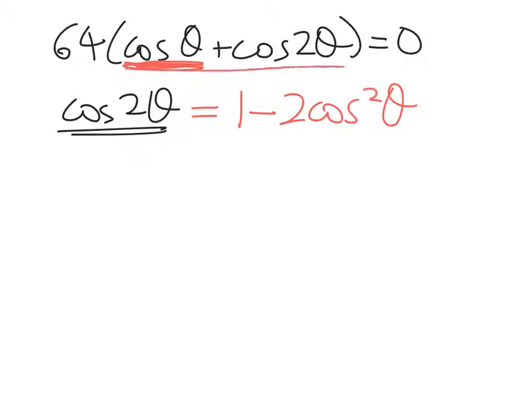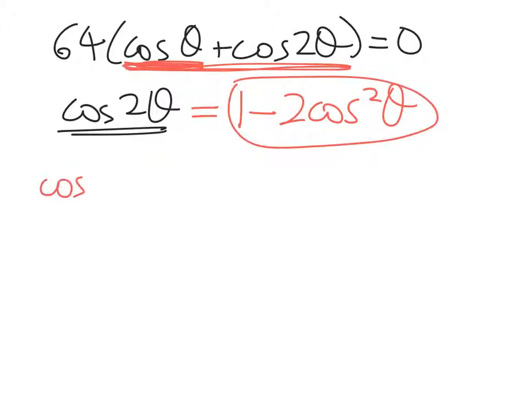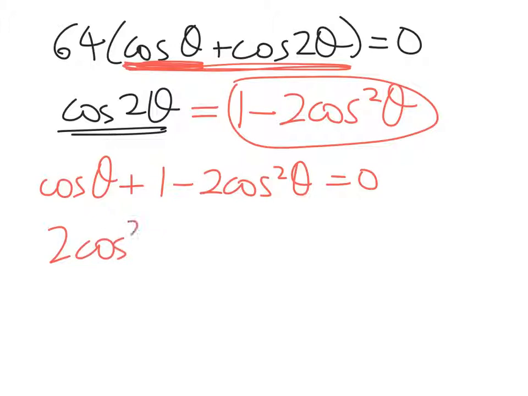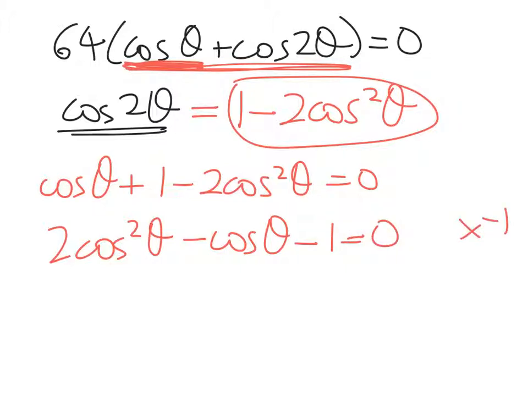I'm going to rewrite this expression using this identity and then solve. Cos of theta plus 1 minus 2 cos squared theta equals 0. 2 cos squared theta minus cos theta minus 1 equals 0. So I'm just timesing through by negative 1 so that I get a positive coefficient here.